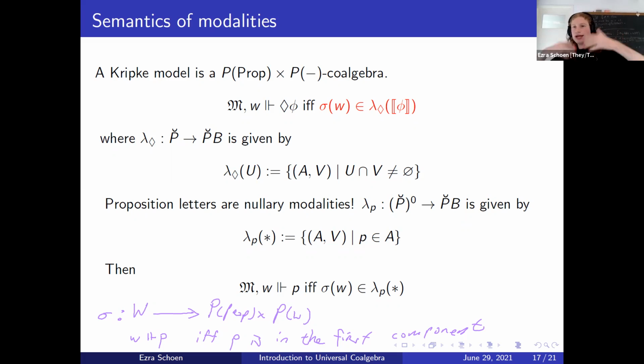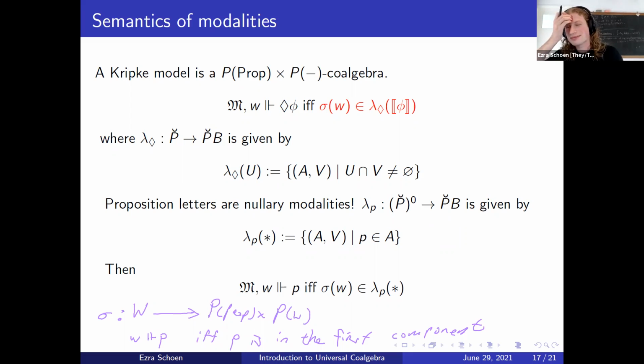Modalities of higher arities will then tell you that after so many steps we will get the desired behavior. For many different functors you can get nullary modalities which give you proposition letters that you find more interesting. But I don't know if this completely answers your question.